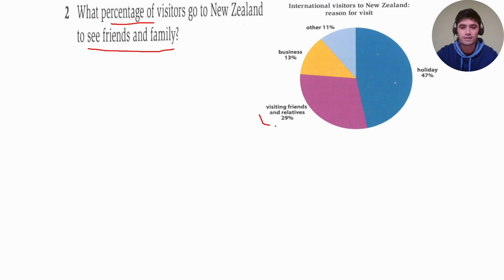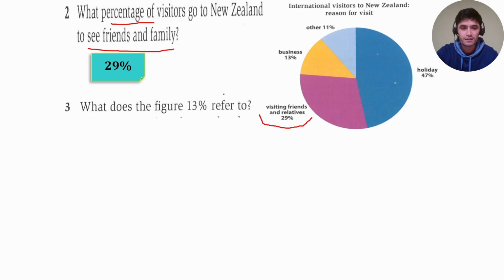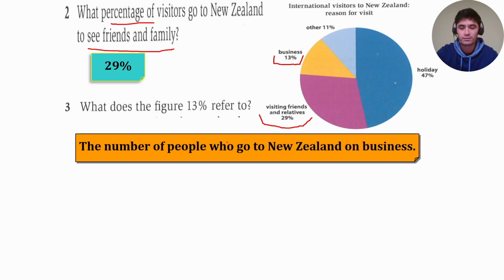I think you've already found the answer here. 29% of people visit New Zealand to see friends and family, right? Next question, what does the figure 13% refer to? So here we have 13%, and it refers to the number of people who go to New Zealand on business.